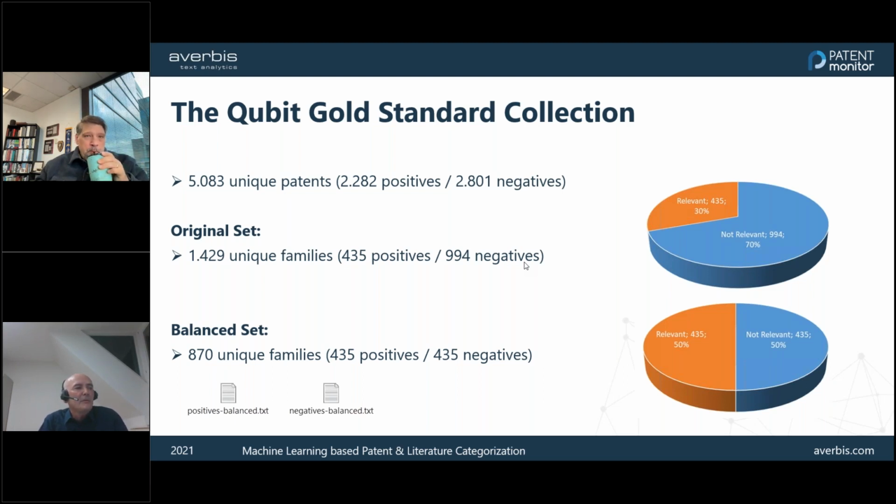If you have more negative examples than positive examples, and here it's the double value, then you will train a small bias towards the negative ones. And therefore, we balance the set, and here resulting in 430 positive and negative examples.